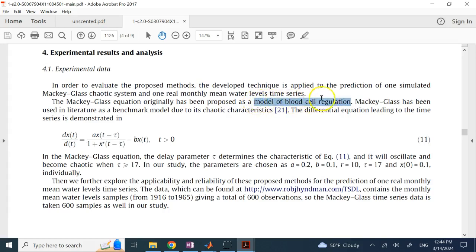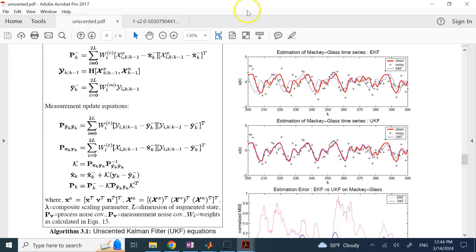For blood cell regulation. Why did I pick this one? Because this is the one that is picked in the original paper to show the superiority of UKF over EKF. So the type of behavior that you see, first of all, the differential equation is first order. So this is the state, and this is how the state behaves, and the behavior is chaotic here. I talked about chaos in one of my videos under the playlist dynamics.